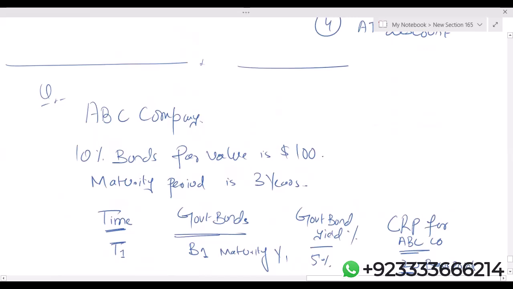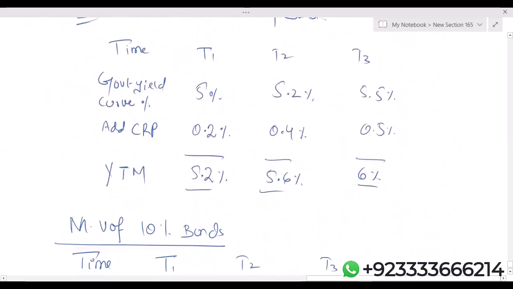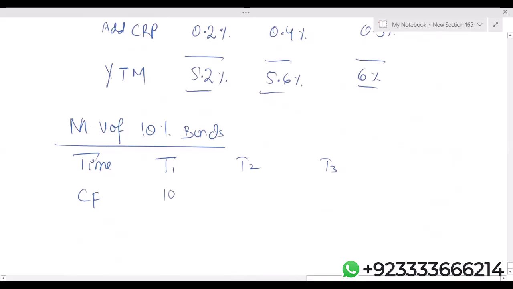As I already mentioned, if the examiner does not say anything about the redemption amount, then we always assume redemption is at par. 10% of 100 is 10. Cash interest is 10. And in the last year, can I say 110? Nothing is mentioned, so we always assume that redemption is at par value. Okay.